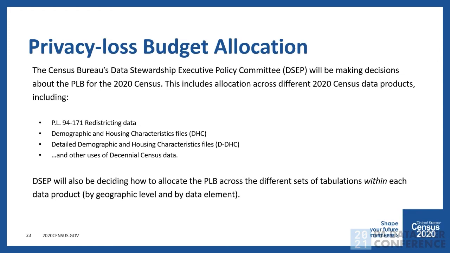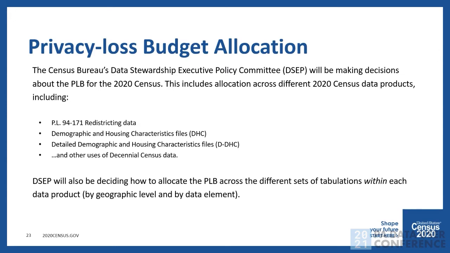But there's a number of decisions that have to be made regarding this privacy loss budget. For starters, you have to allocate that budget across the various data products that you're going to be producing. Each data product receives a share of that overall budget, and the relative size of the share allocated to each of those data products will determine their relative accuracy compared to each other.